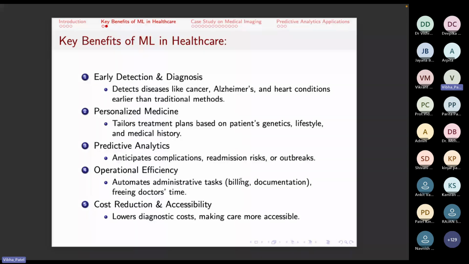So, an early indication could have been given by some learning algorithm to the doctor if a record of the patient had been maintained, and the treatment plan could have been based on the analytics given by the machine.